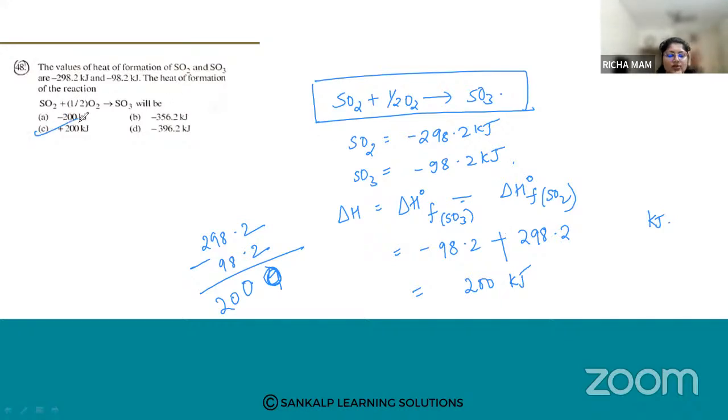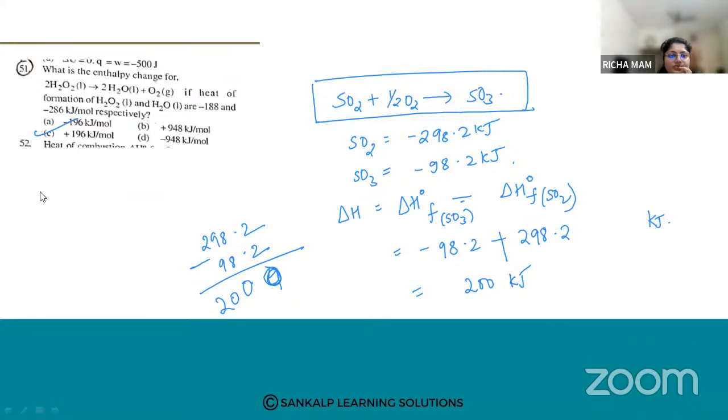Option number C. The values of heat of formation of the individual compounds are given, and you have to find the heat of the reaction. Is it clear up to here? Okay, let us go for the next question.